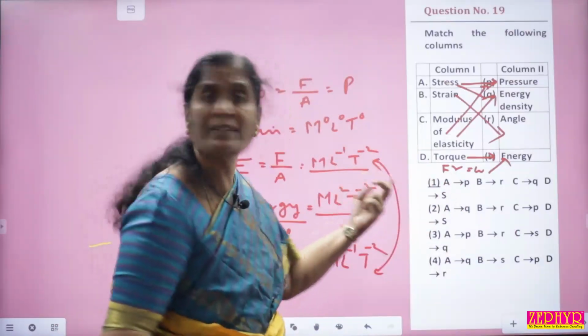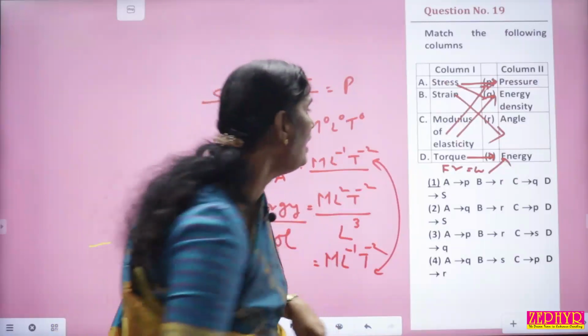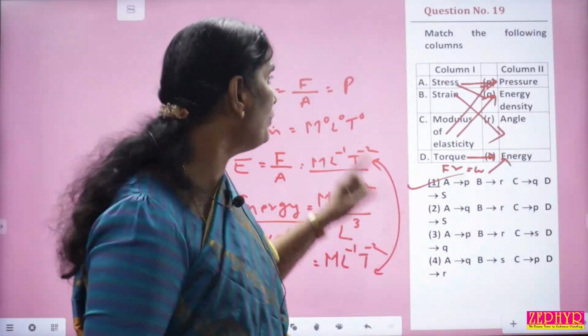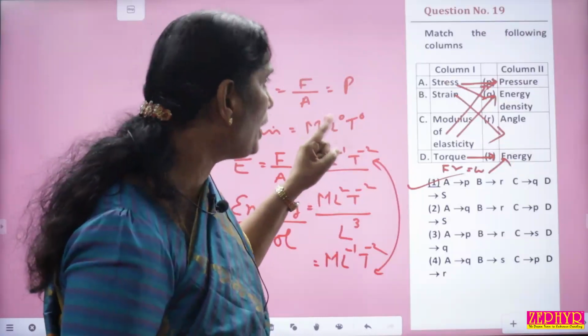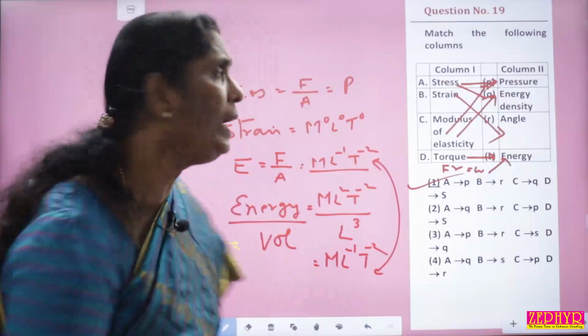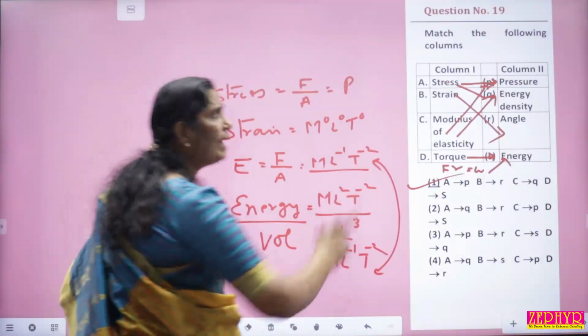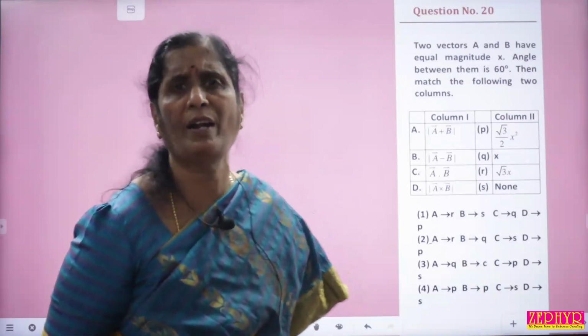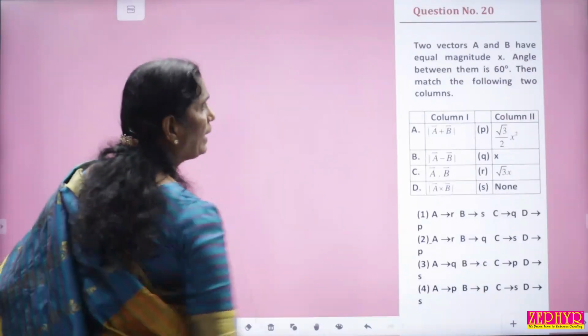But they gave 2 answers and selected only 1. So I will go for this answer. Even if they go for A as P and Q and for C as P and Q, that is also a correct answer. So 2 answers are there for stress, but they mention only 1 answer. That is also correct.